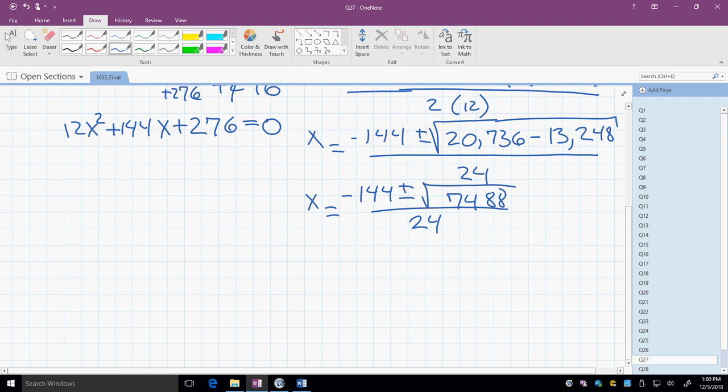If I divide 7,488 by 13, you got 576. So if the 576 is not inside the square root, only the 13, I would think, okay, what about if I do the square root of 576? And that's 24. So 24 is going to get out.